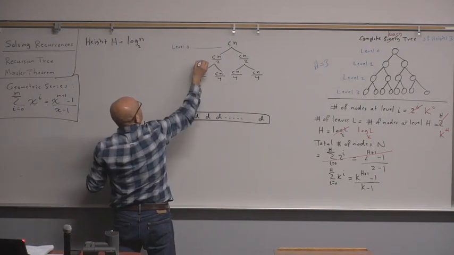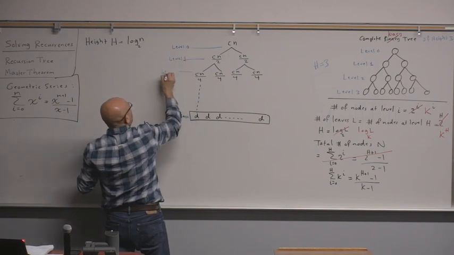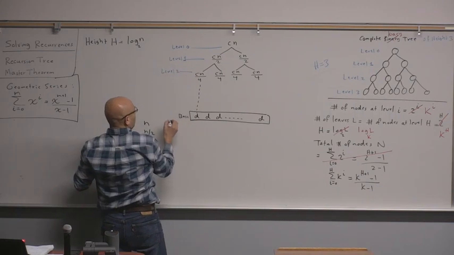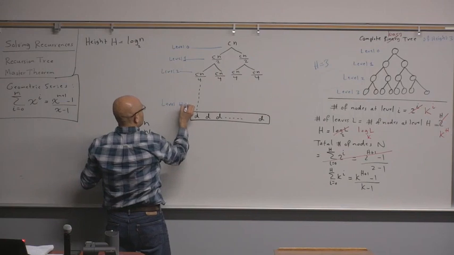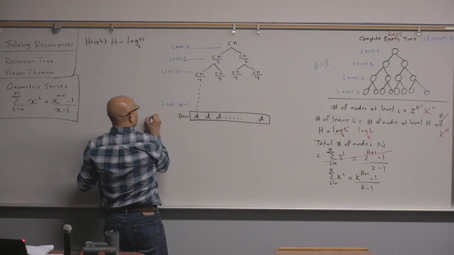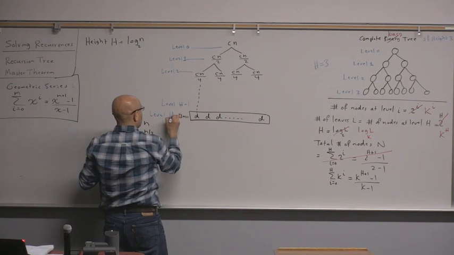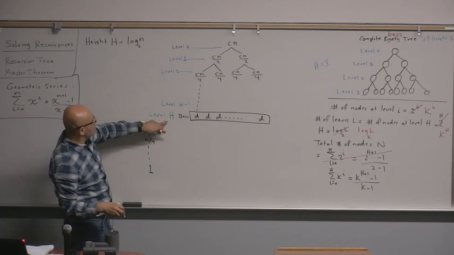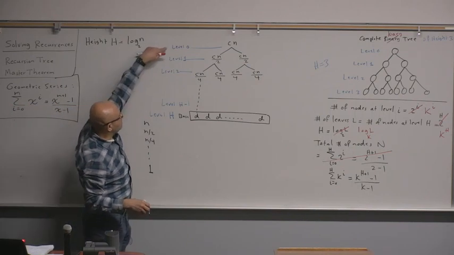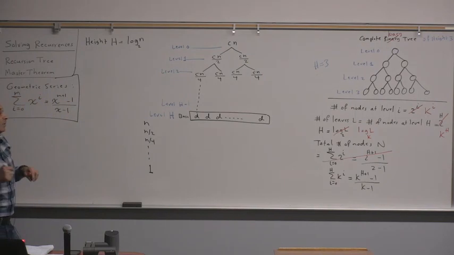So this is level 0, level 1, level 2, and the level here is going to be level h minus 1, and the base level is level h. The levels are going to go from 0 to h minus 1, if we go all the way to 1.